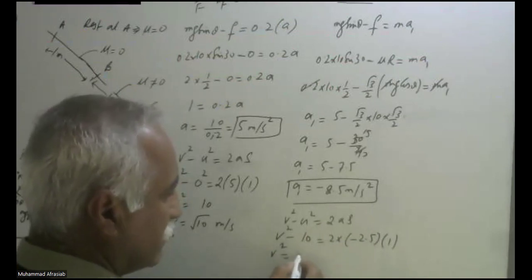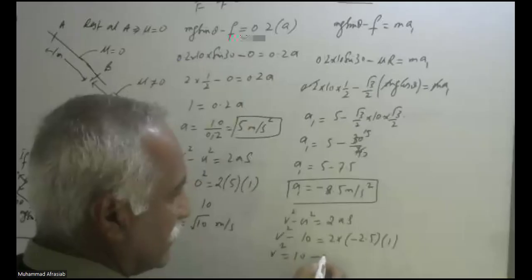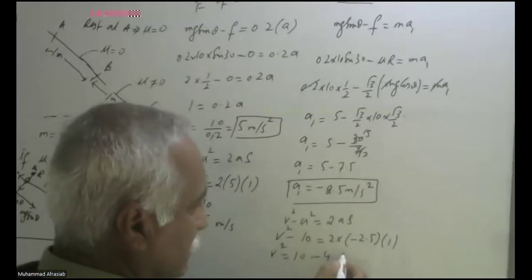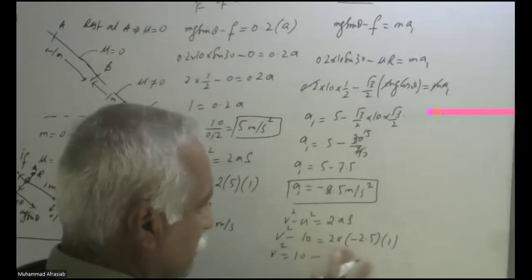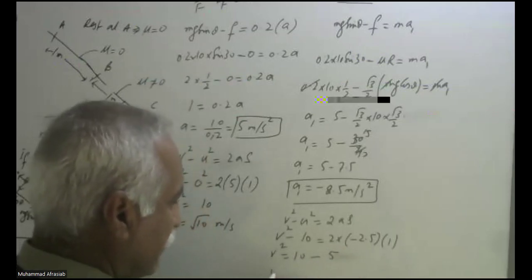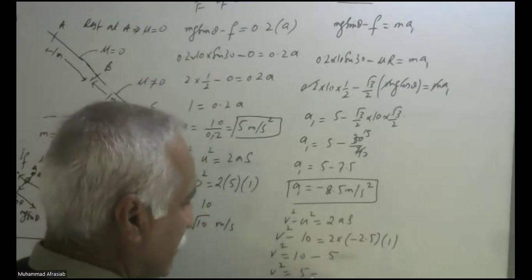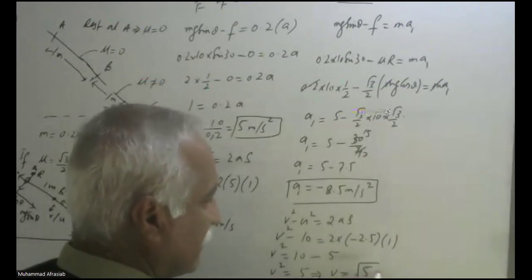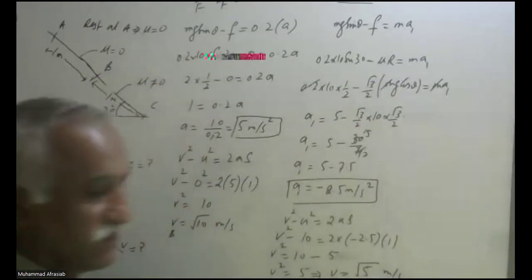So v square is equal to 10 minus 5. V square is equal to 5. This implies that v at C is the square root of 5 meters per second.